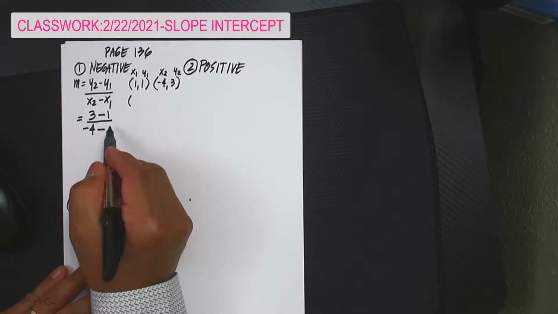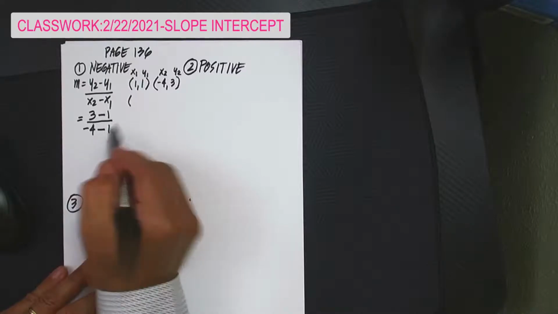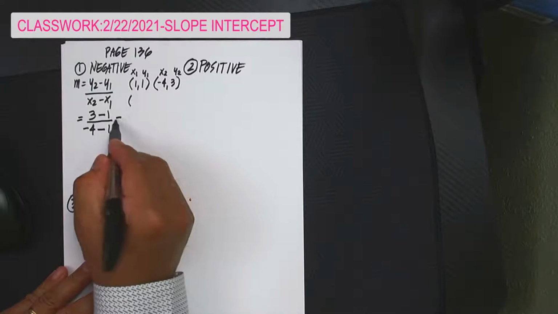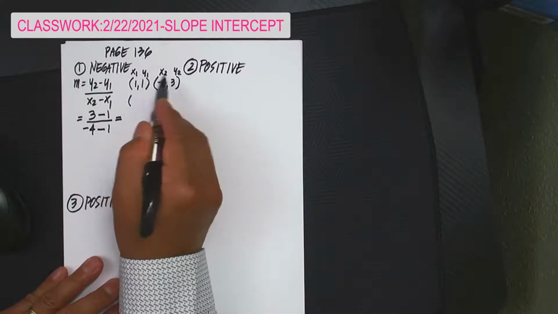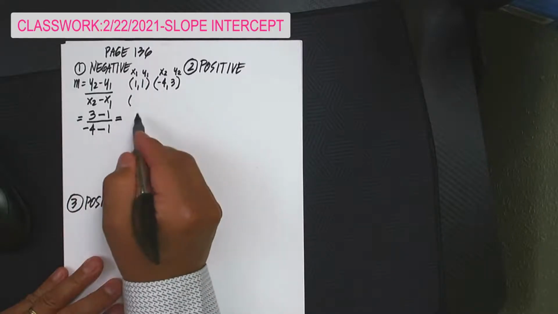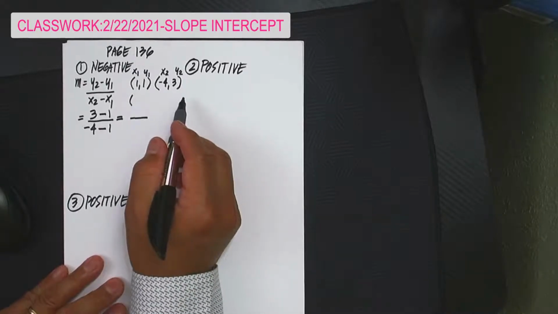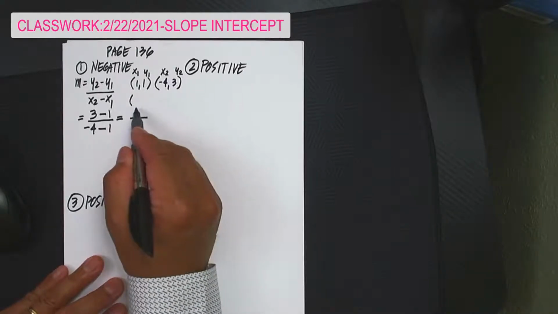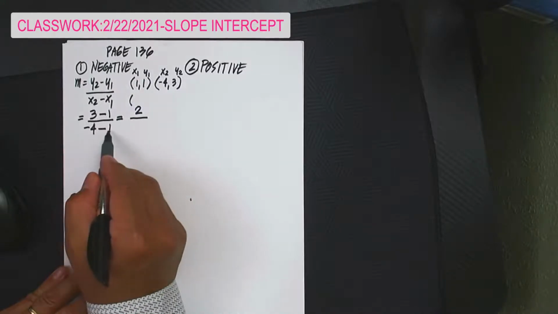What is the value of your x1? 1. Okay. It's very important, guys, that you know your x1, x2, y1, and y2. Now, 3 take away 1. Okay, good. Next, negative 4 minus 1.